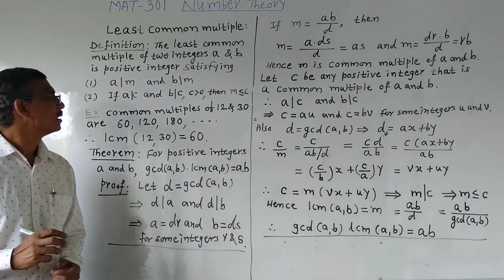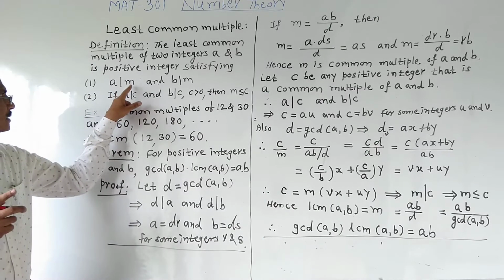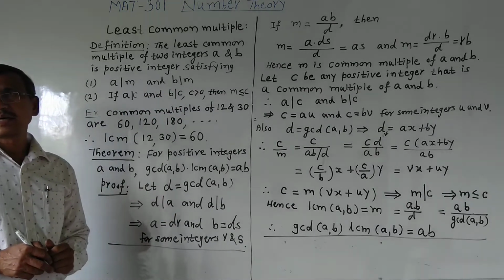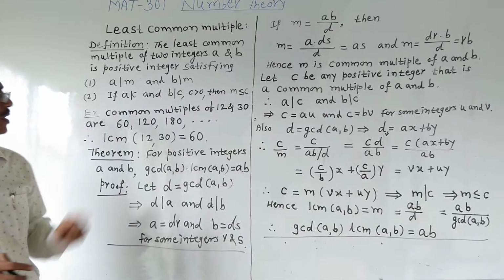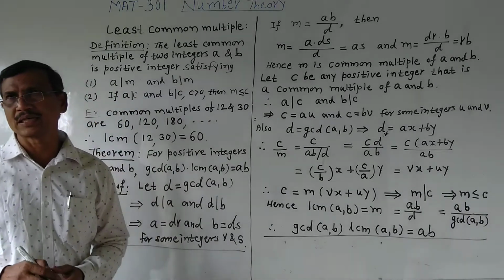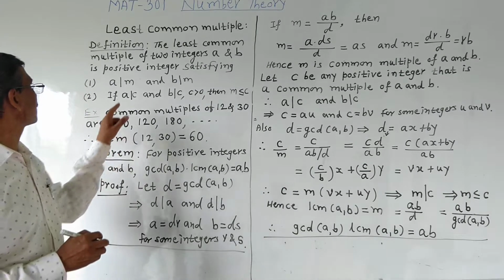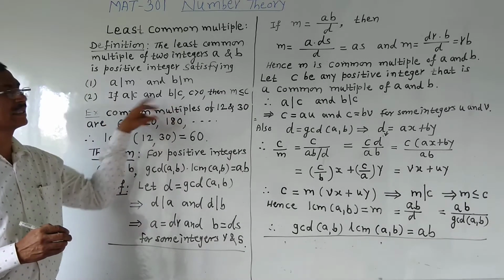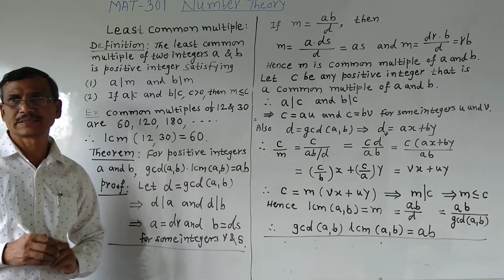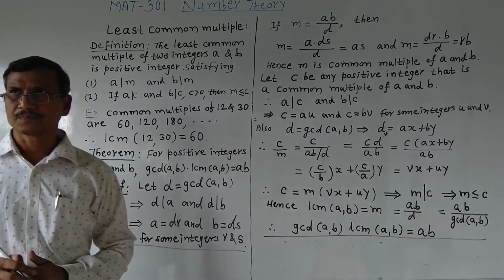Then if a divides m and b divides m, that is the first condition, which means that m is a common multiple of the two integers a and b. Secondly, we consider another integer c satisfying the condition that a divides c and b divides c. That means c is also a common multiple.